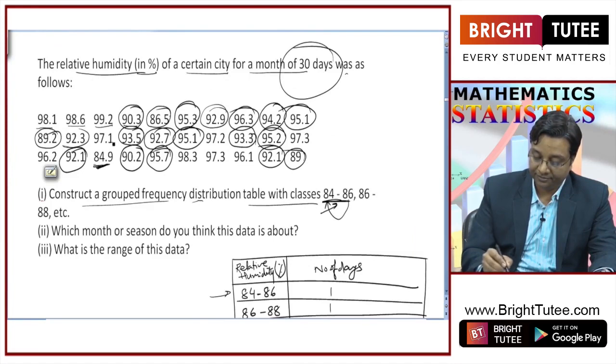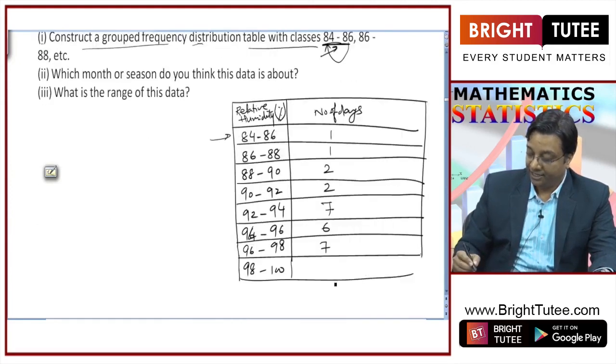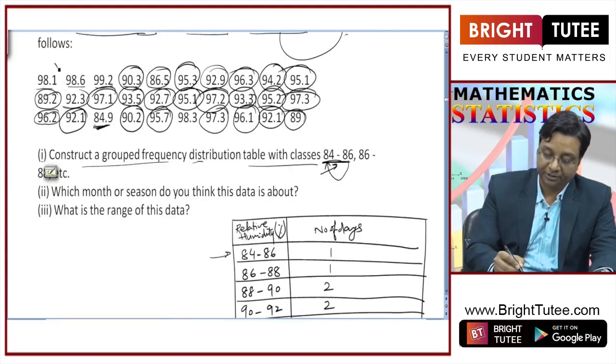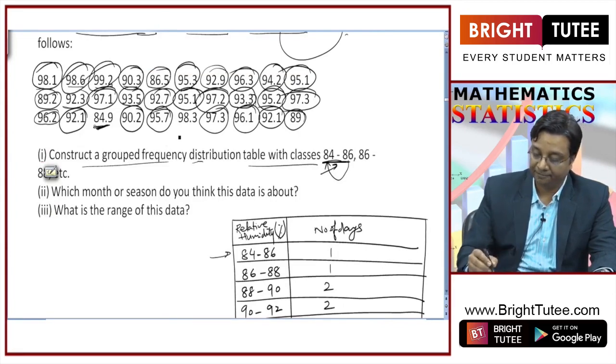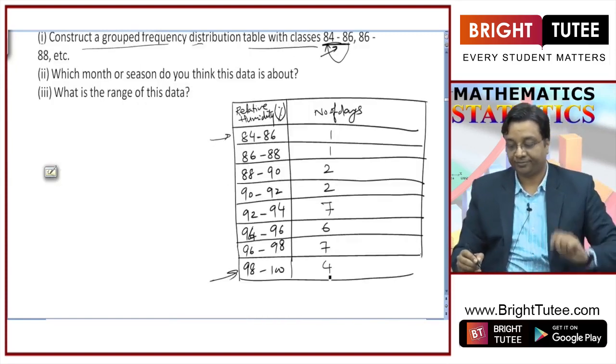1, 2, 3, 4, 5, 6, 7 days. And the highest percentage of humidity, 98 to 100%, was on 1, 2, 3, 4, on 4 days.